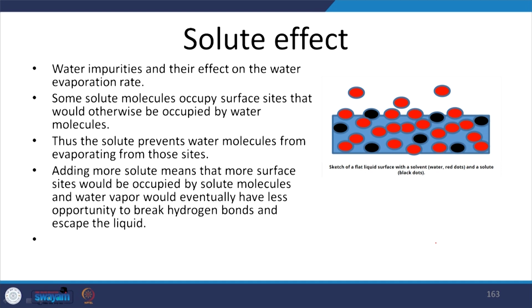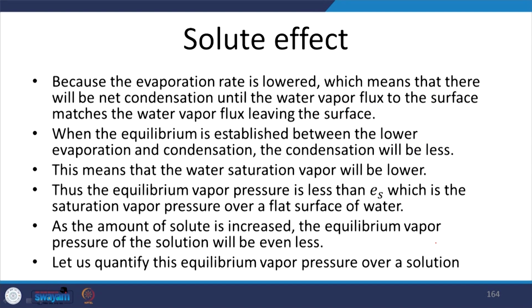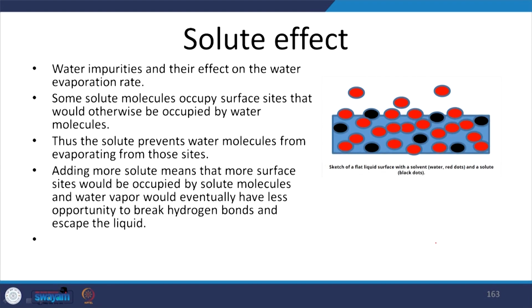Thus the solute prevents water molecules from evaporating from those sites because the sites are now occupied by the solute. Adding more solute means that more surface sites would be occupied by solute molecules, and water would have less opportunity to break the hydrogen bonds and escape from the liquid. Right. So, this is the basic idea of the solute effect.